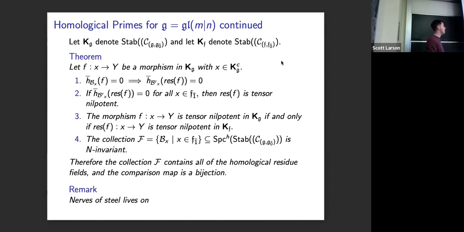We were able to use that result, combined with the fact that this collection of homological primes for the stable category of GG0 representations is invariant, to show that the comparison map is a bijection. So we actually classify the homological residue fields for stab C GG0. And so the nerves of steel conjecture lives on, and we supplied some more evidence for it.